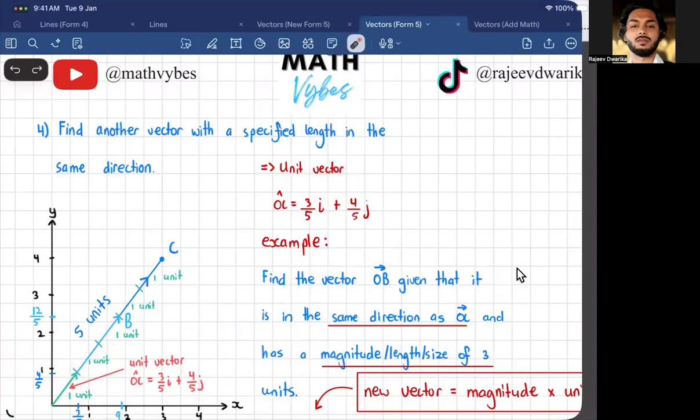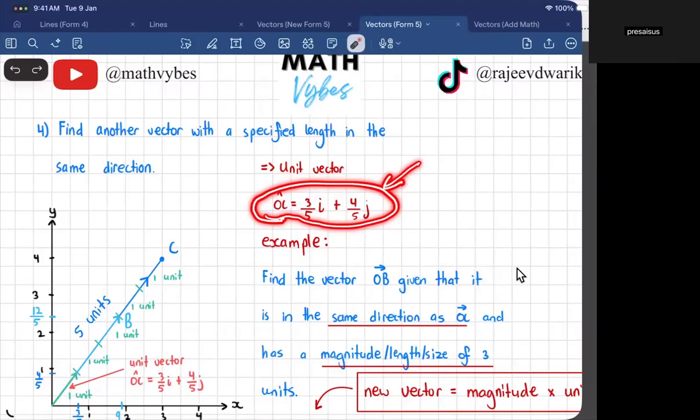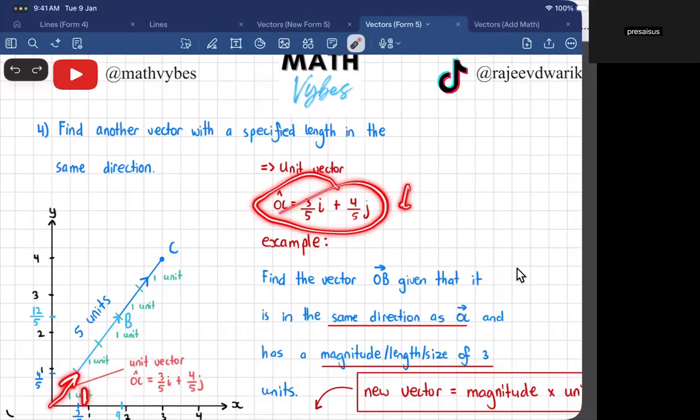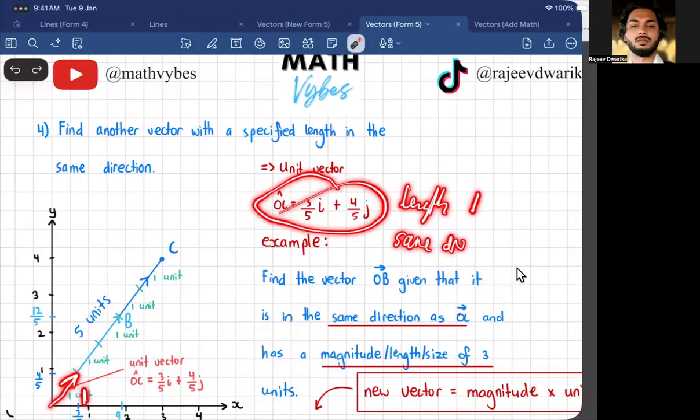So the unit vector has a length of 1. Yes, it's a unit vector, so its length is 1. Its length is 1 and it's in the same direction as what vector?